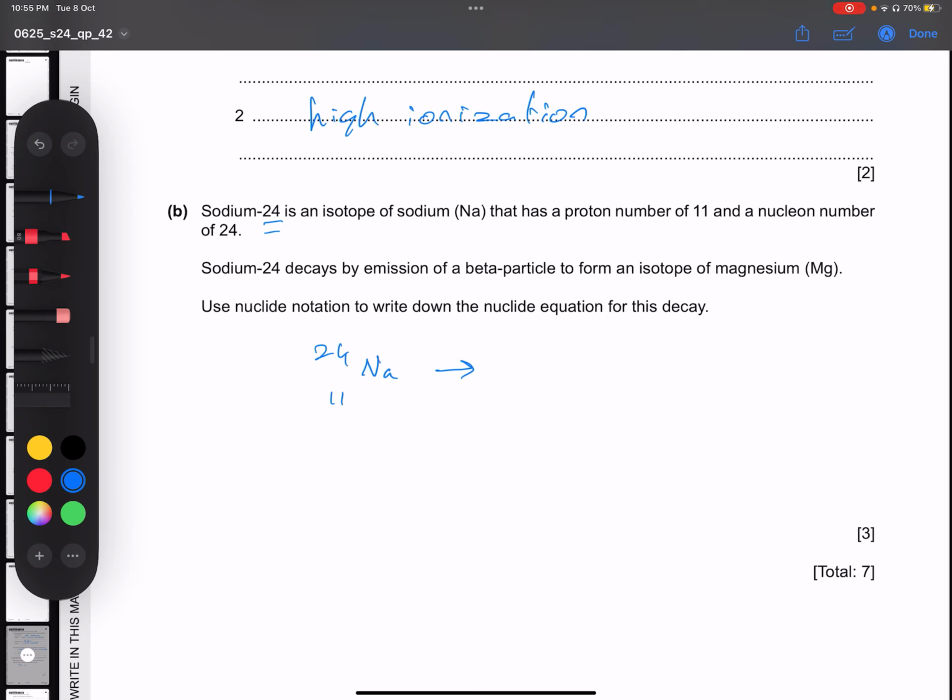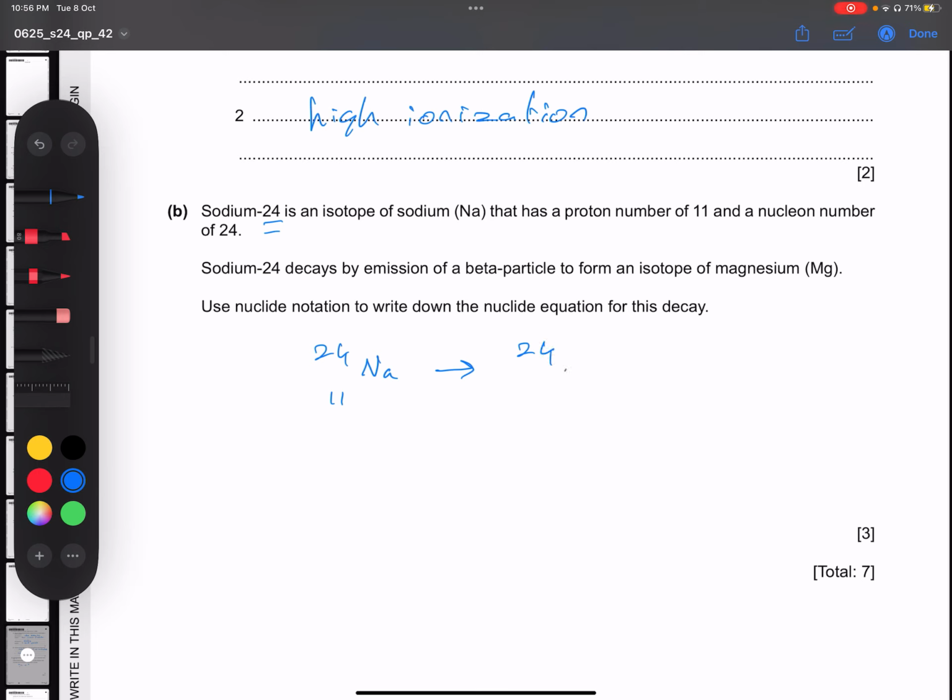So the number of protons in the nuclide would increase, and the number of neutrons would reduce by 1. Since mass number is equal to the number of neutrons plus protons, the plus 1 and minus 1 cancel out, so the mass number remains the same.